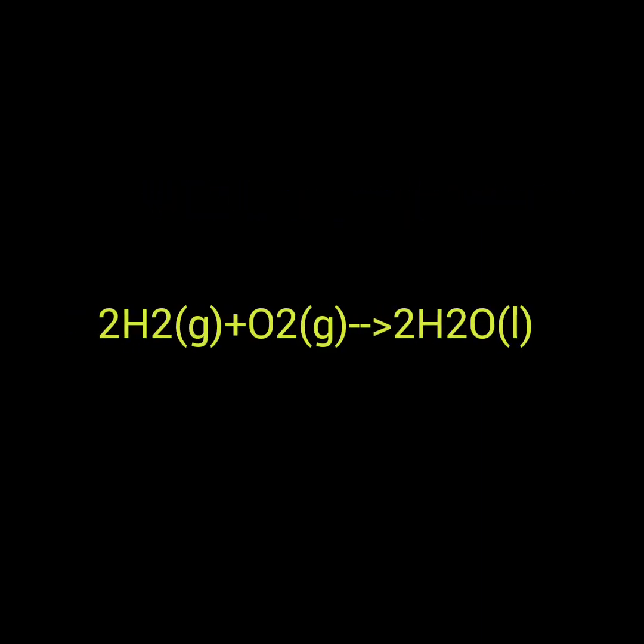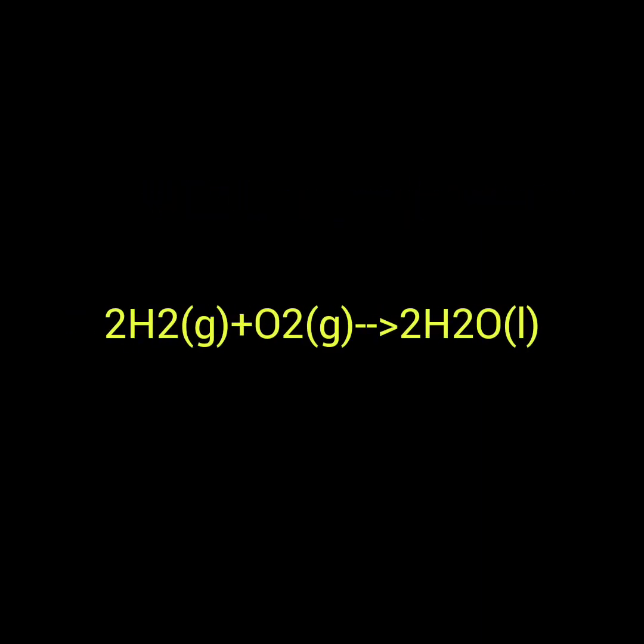Another characteristic of chemical reaction is change in state. Okay, so consider the reaction between hydrogen, which is in the gaseous form, and oxygen, which is also in the gaseous form, to give water, which is in the liquid state. That means after the chemical reaction, change of state occurs.